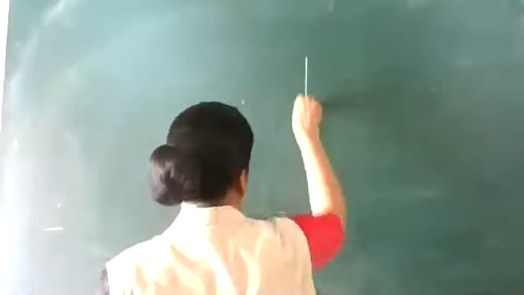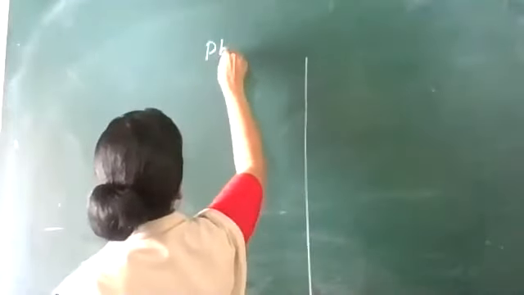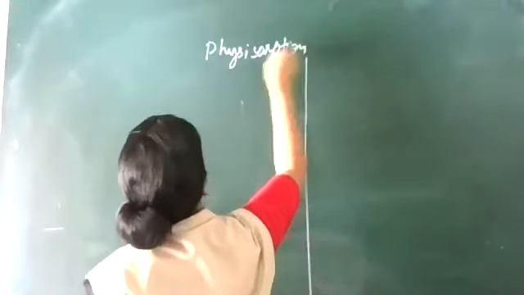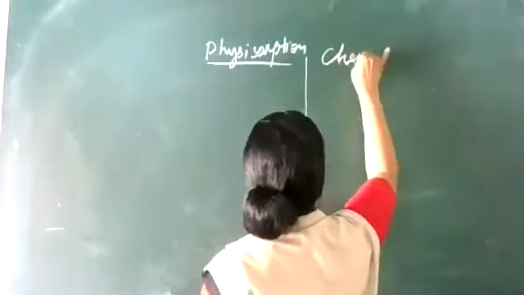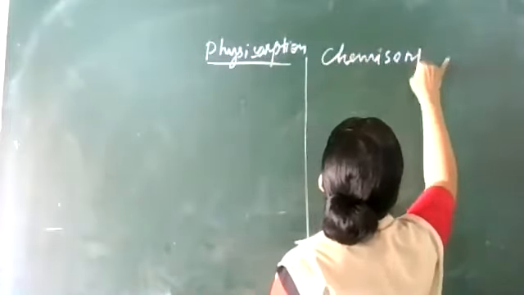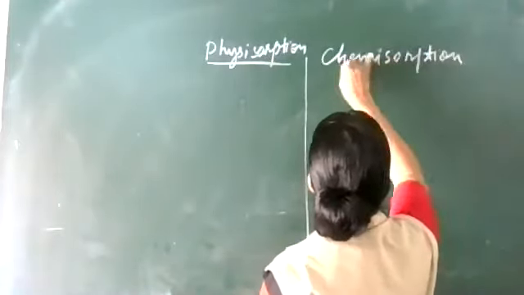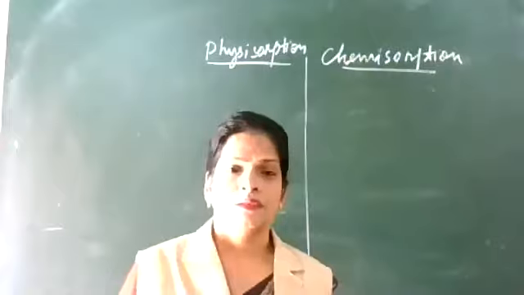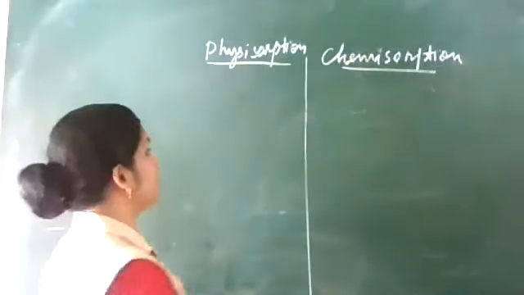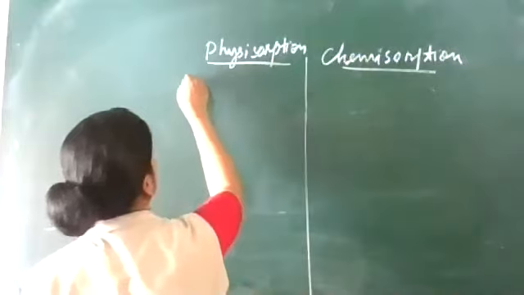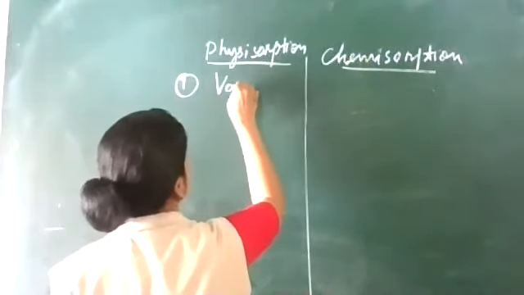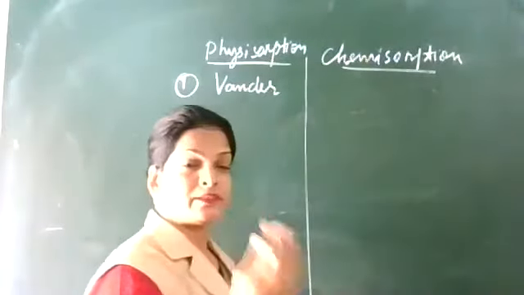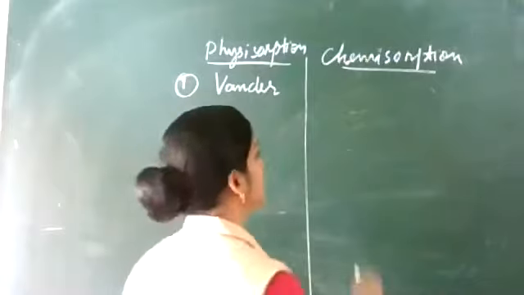What are the differences between physisorption and chemisorption? In physisorption, the force of attraction is van der Waals force of attraction. But in chemisorption, between the adsorbent and adsorbate, the force of attraction is chemical.